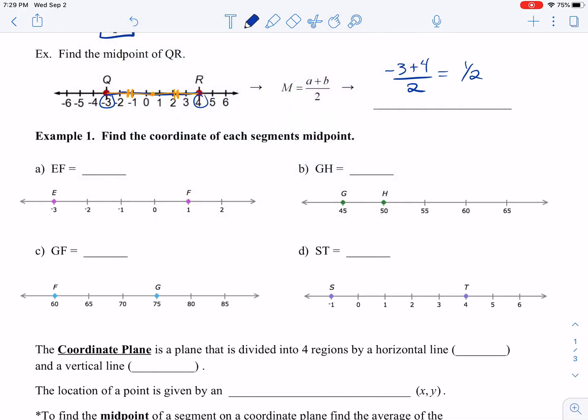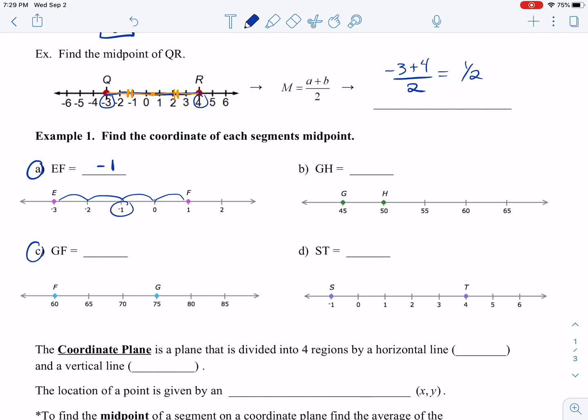All right, let's find the midpoint of a couple other segments. Let's do A and C. Midpoint of EF. Sometimes you can just count in 1, 1, 1, 1, and that might be easier, and see that your midpoint is -1, or the coordinate of the midpoint.